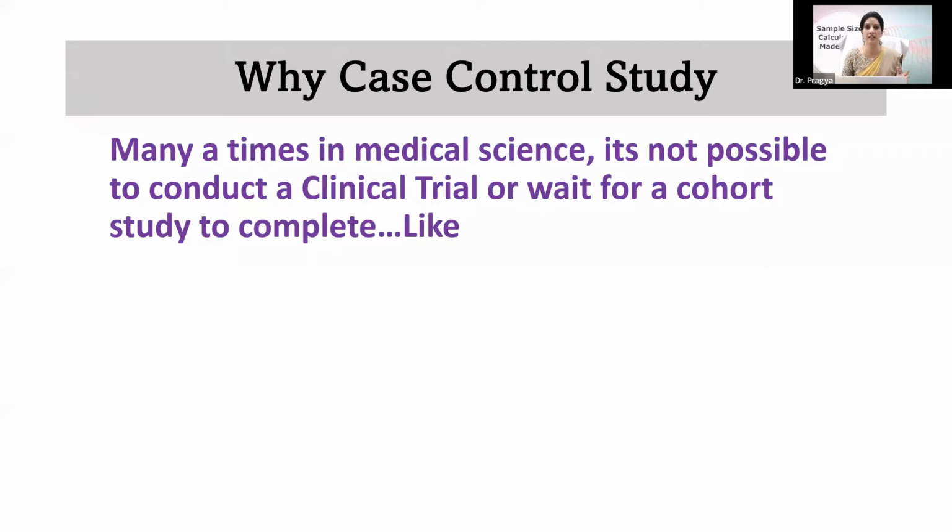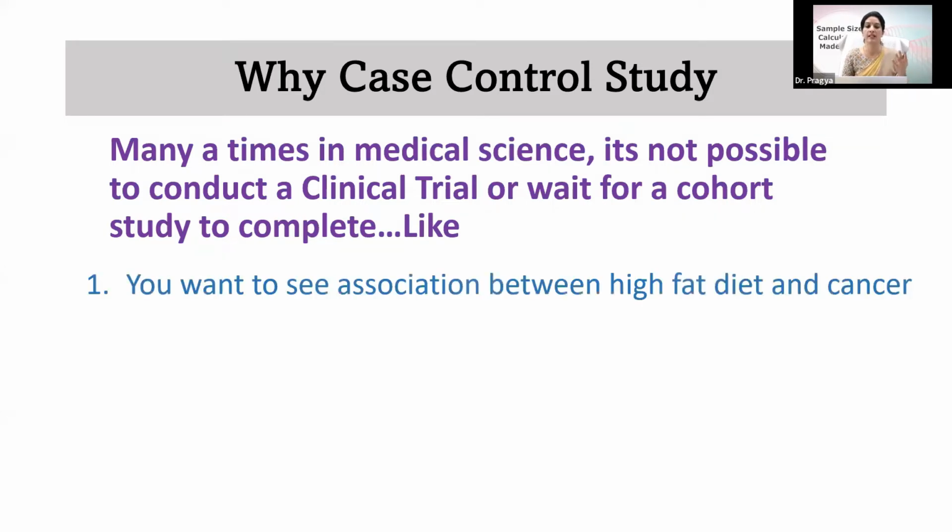So when the disease is very rare and it will take a long time of follow-up, in that case also it is undesirable to do a cohort study or a randomized control trial. Just see this example.